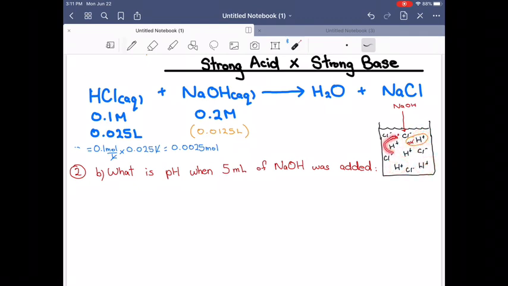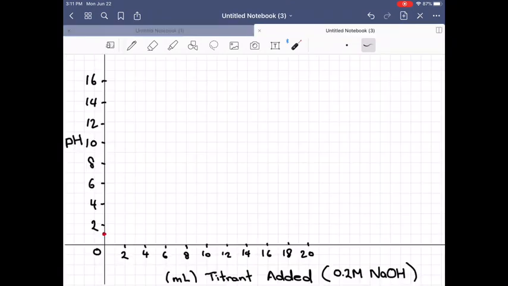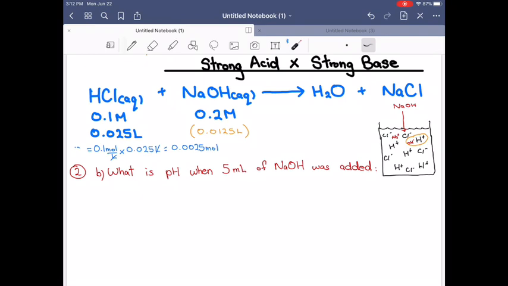Now we have 4 H's because one of the H's got married to an OH. So this is less acidic, isn't it? What that means is you should expect a pH above 1 because that's where we started. So the next plot should be a number higher than 1. If not, something is wrong with you or your calculation.